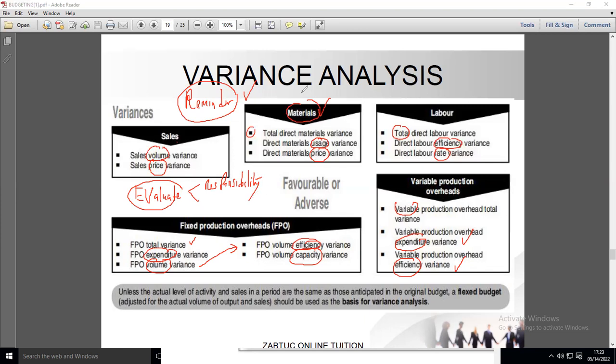For instance, when we take material variance, who is responsible for the usage variance? Who is answerable? Who should take the blame for that?